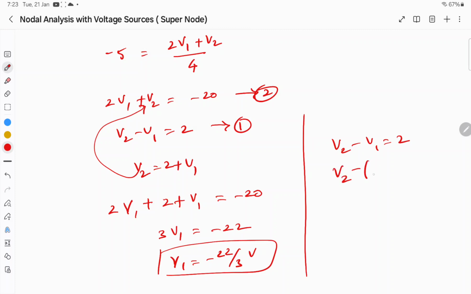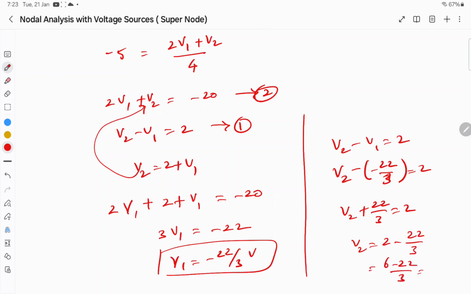So it is V2 plus 22 by 3 equal to 2. So V2 is equal to 2 minus 22 by 3. So it is 6 minus 22 by 3, which is minus 16 by 3 volt. That's your V2.